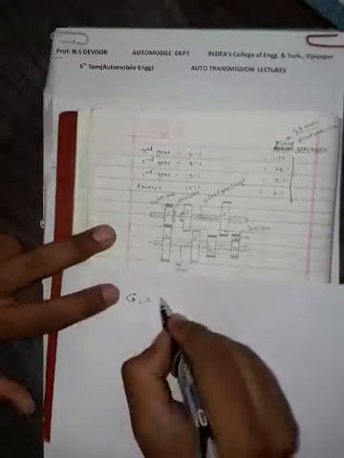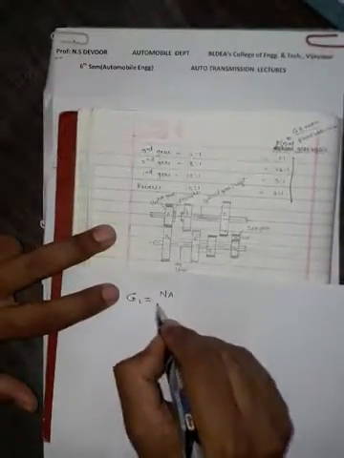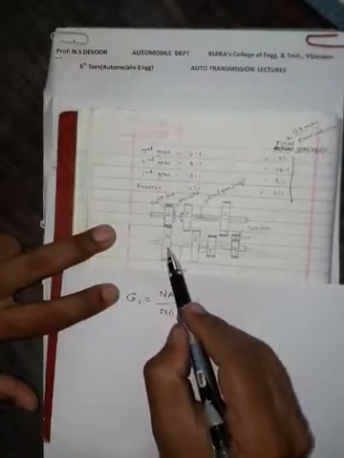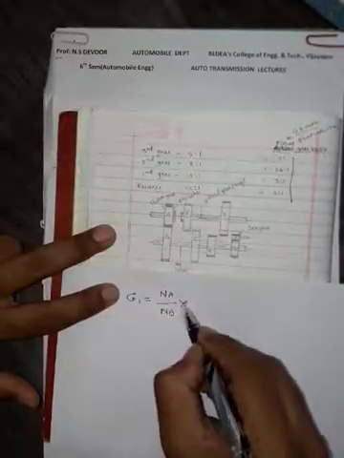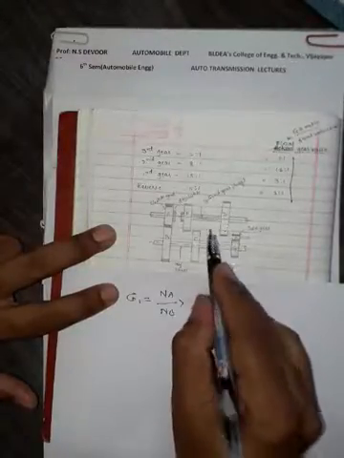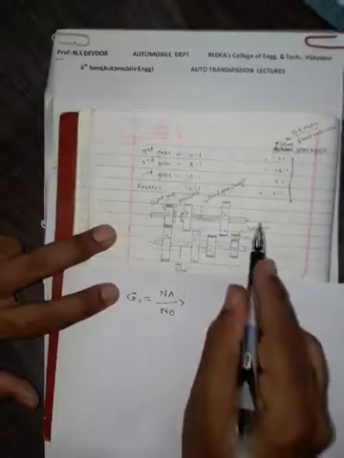Okay, so here NA by NB, speed of A divided by speed of B, multiplied by NC by ND, since D will mesh with C. Okay, A to B, B to C, C to D, isn't it?